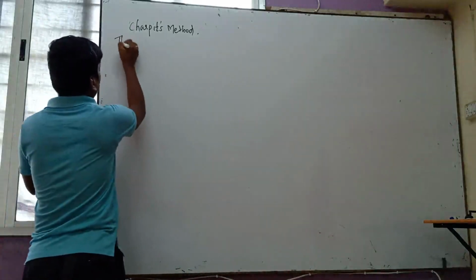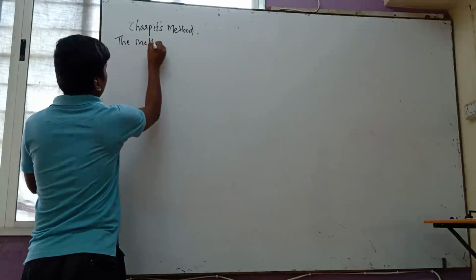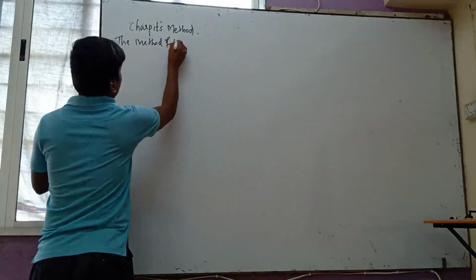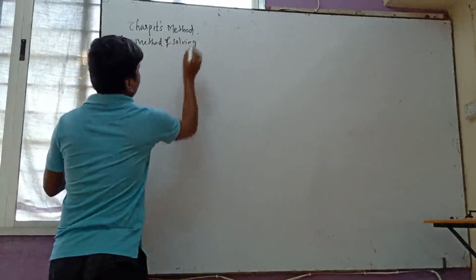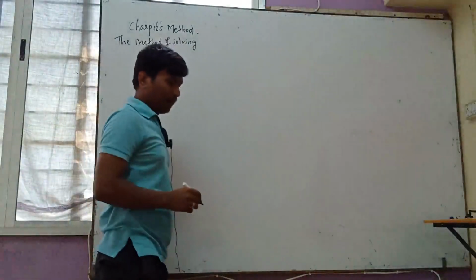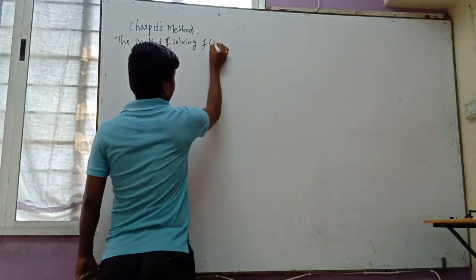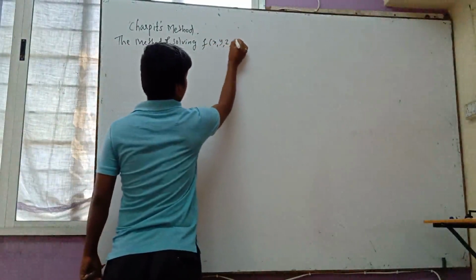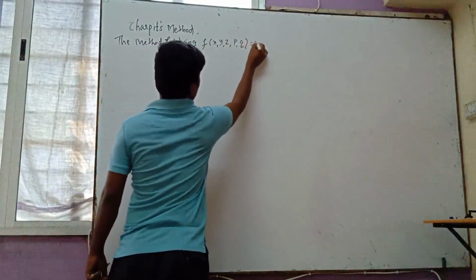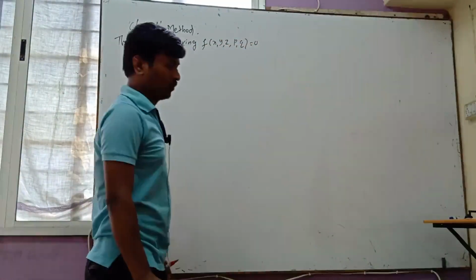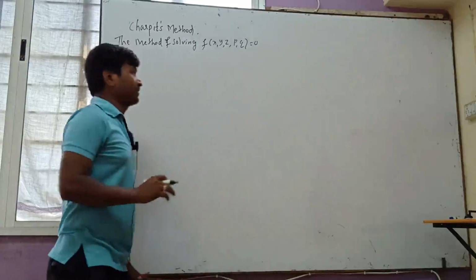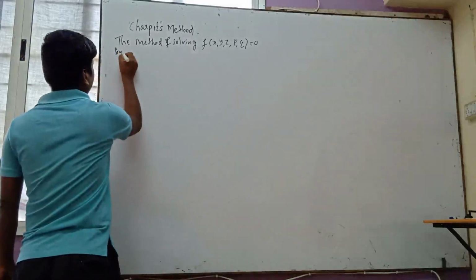The method of solving an equation of the form f of x, y, z, p, q is equal to 0 by Charpit's method.